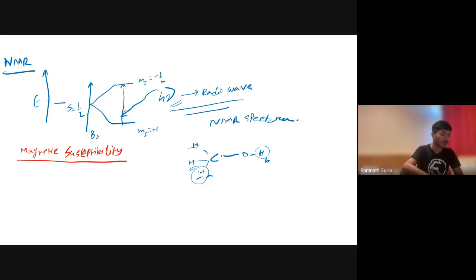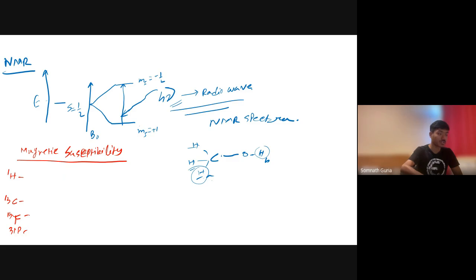So let's suppose we have proton, 13C, 19F, 31P. These four NMRs are most generally used.